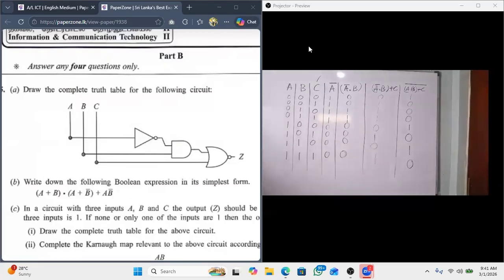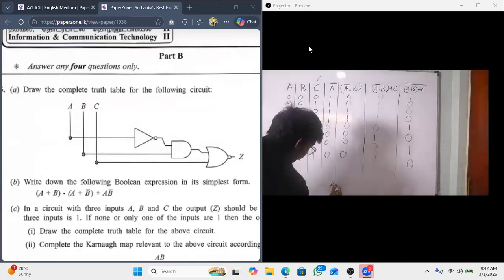Okay, then. Let's see part B. Right, now it's correct.